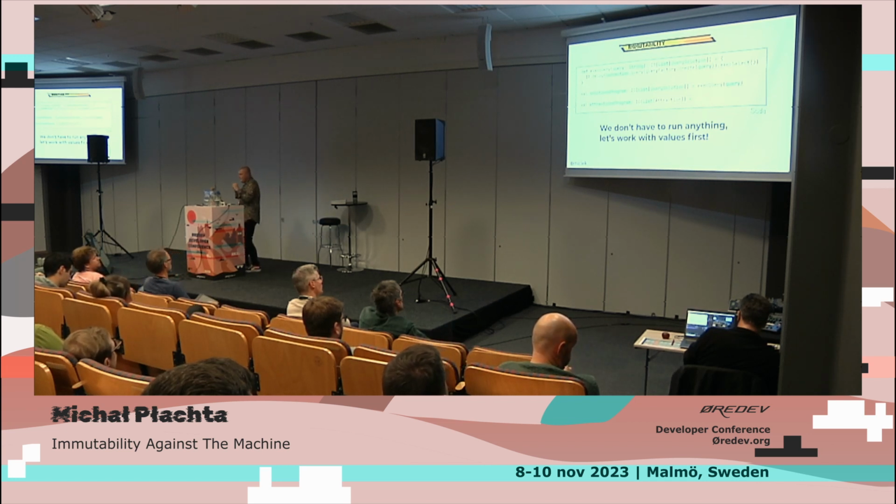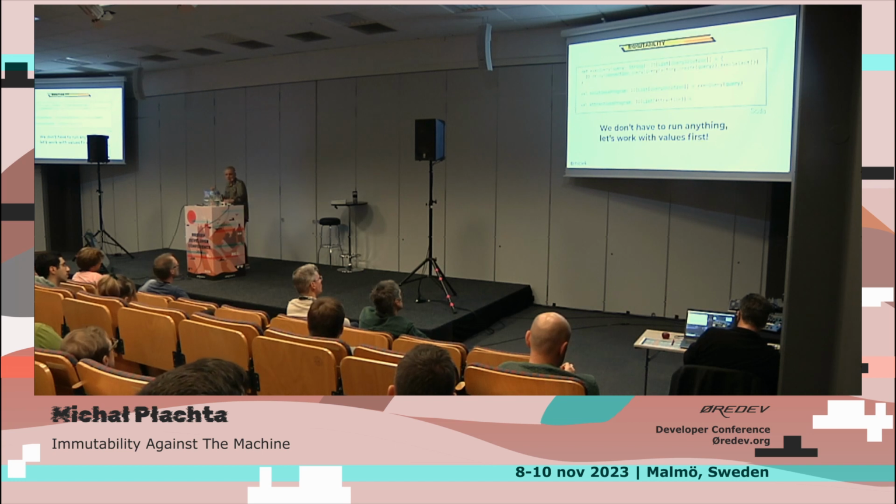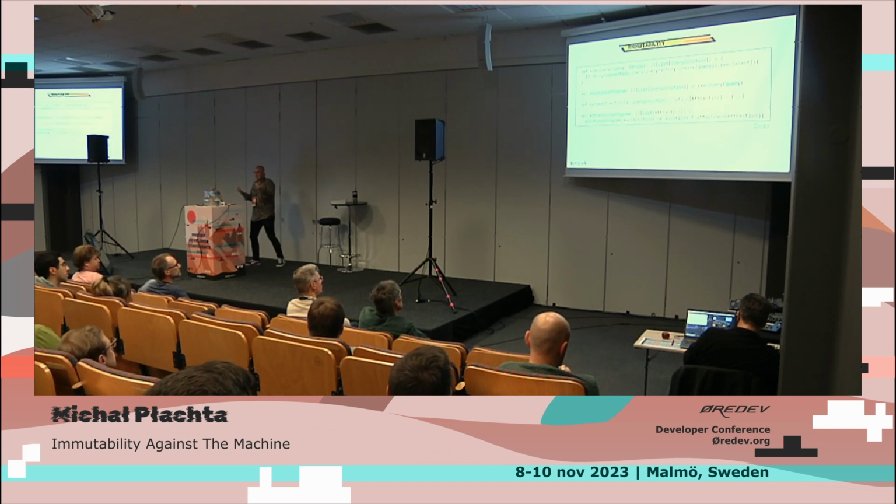And so we haven't really run anything. We can just work with the values and just, for example, map them, right? Map those things and parse those query solutions into our domain model.